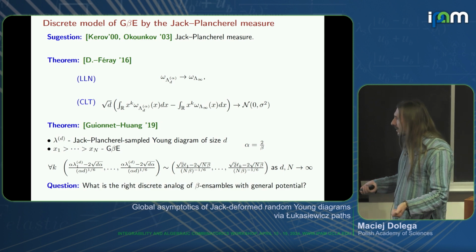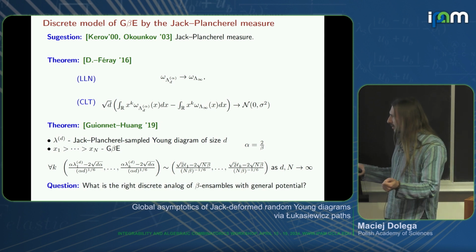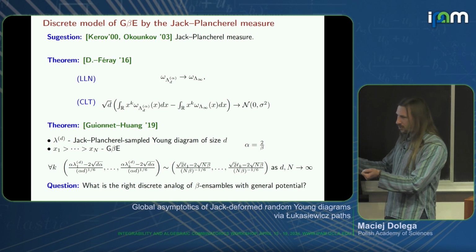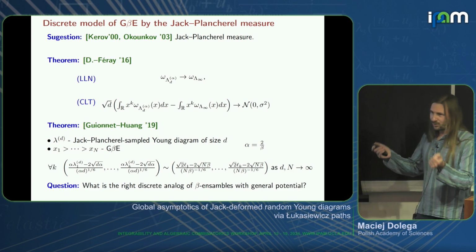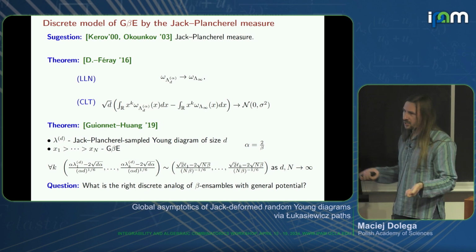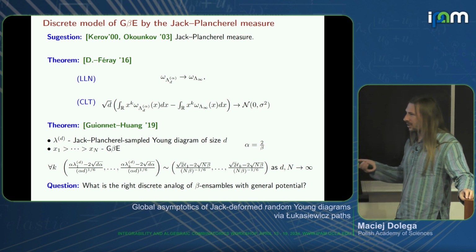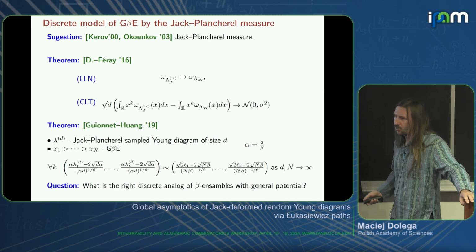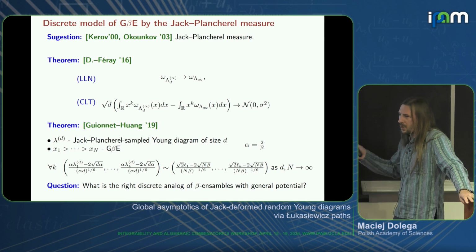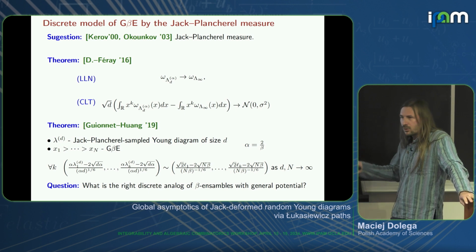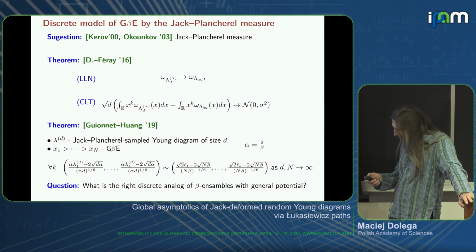So what do you do next? Now you ask, how can I incorporate this potential V? We had a super large class of probability measures for particles because this potential V could be pretty much anything. What can you do with random partitions?